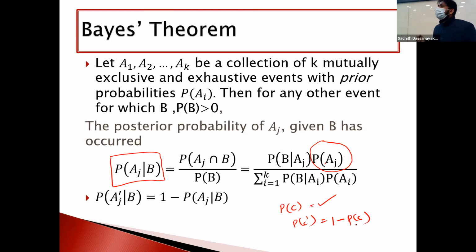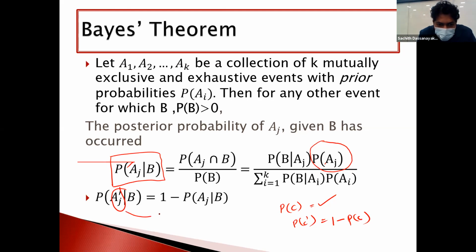The same idea here. But remember that in conditional probabilities, if you need to find the dash, it should be on the first part. I mean, it should be this guy. Otherwise, you cannot take 1 minus that. Okay, clear?